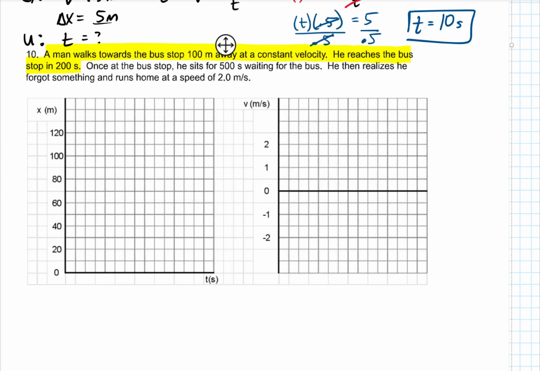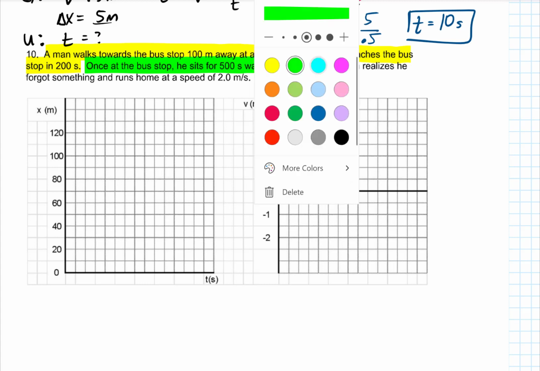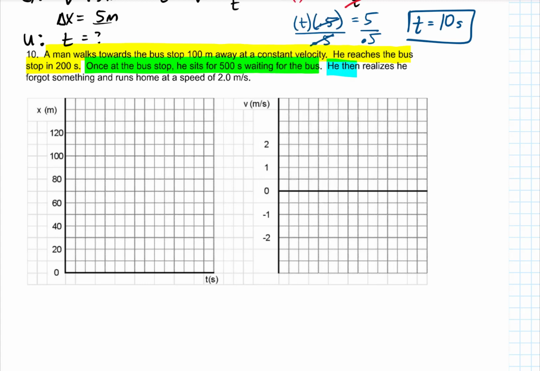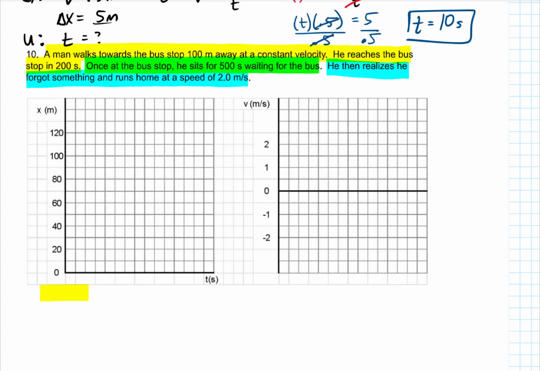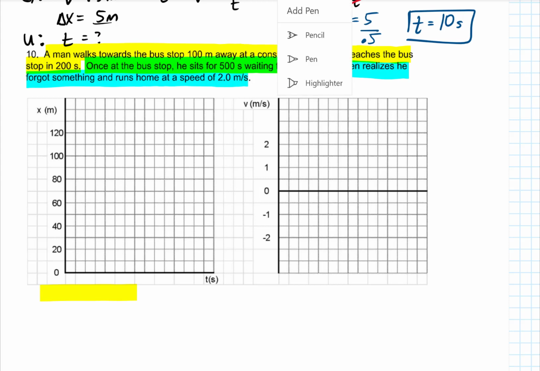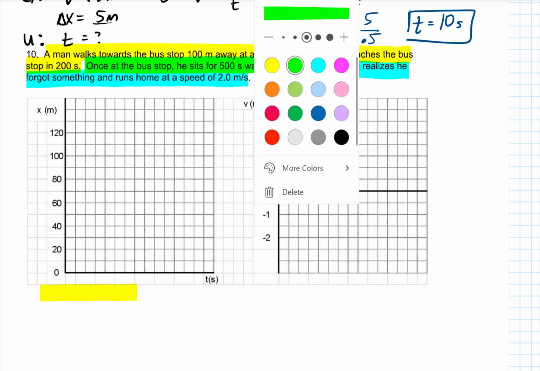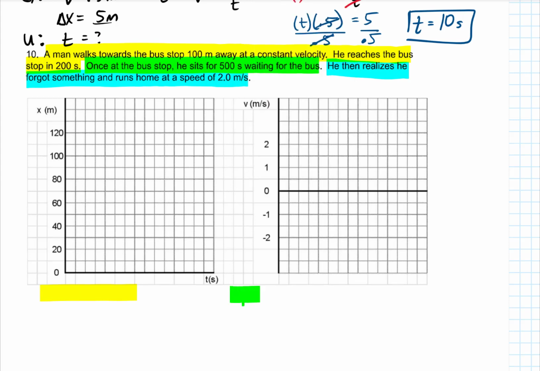The second chunk is that once he's at the bus stop, he's going to sit for 500 seconds and wait for the bus. Our third chunk is he realizes he forgot something and he runs home with a speed of 2 meters per second. So we have 3 different chunks. What I want to do is list out all my given stuff for each of these 3 chunks of motion.